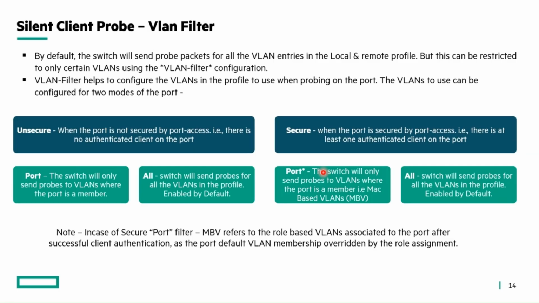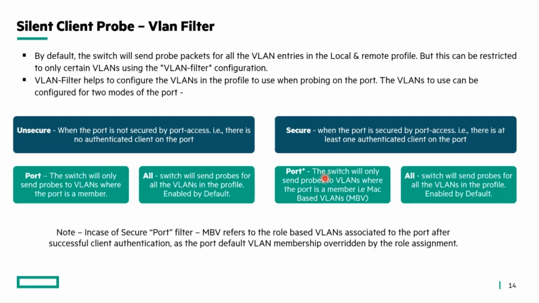And next comes the port option. Here there is a difference in the port option between the unsecured and secure methods. Consider the port's default VLAN is 1, and the client has been onboarded in VLAN 10. This VLAN 10, where the client is onboarded, becomes the MAC based VLAN for that particular port. So only in that VLAN the probe packets will be sent. Thereby we can avoid sending unnecessary probe packets in all the VLANs.